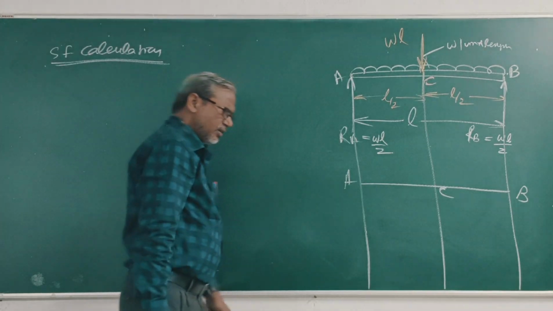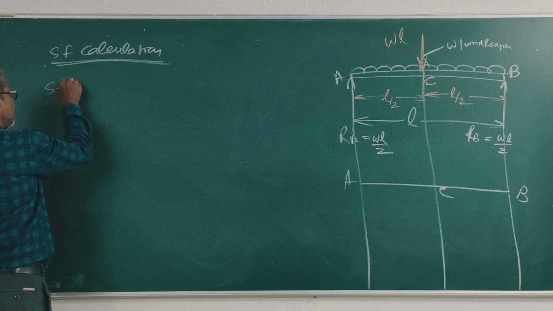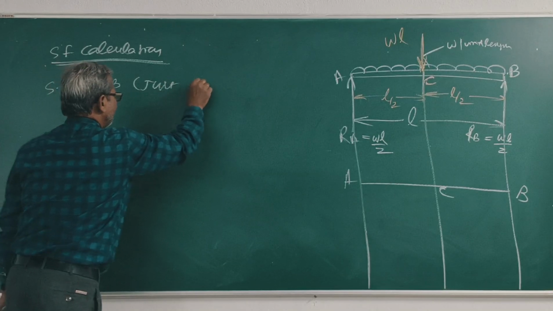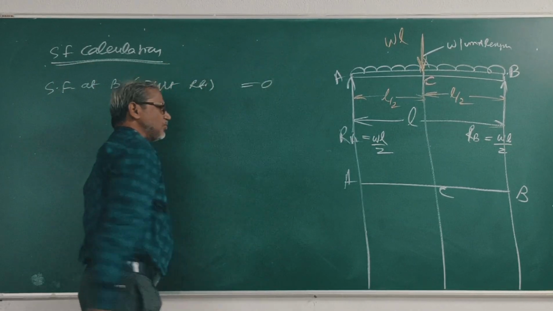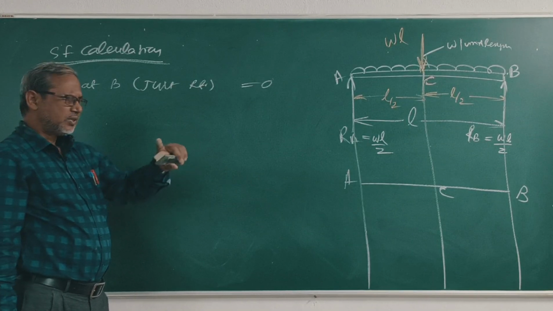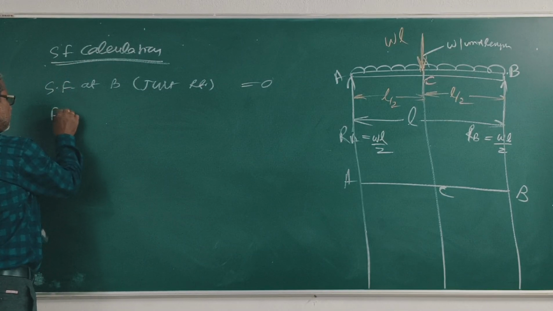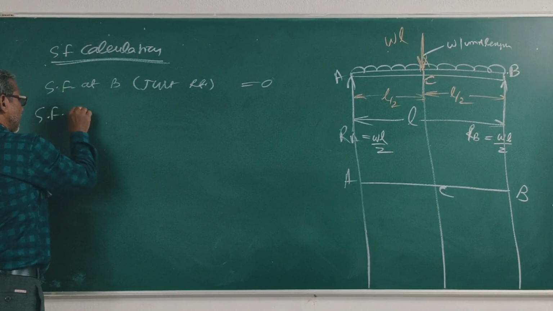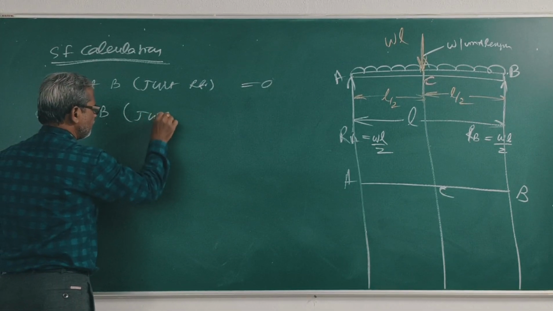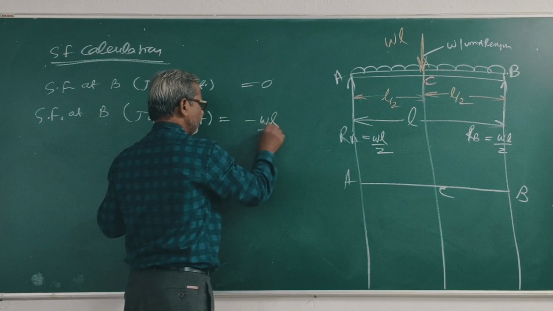So shear force at B just right is 0. At B, the reaction wL by 2 will count for shear force at left. Shear force at B just left is minus wL by 2.